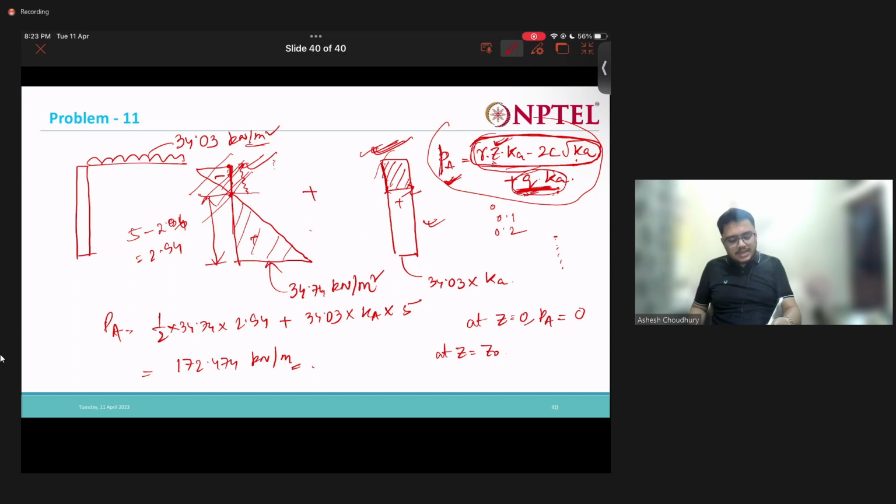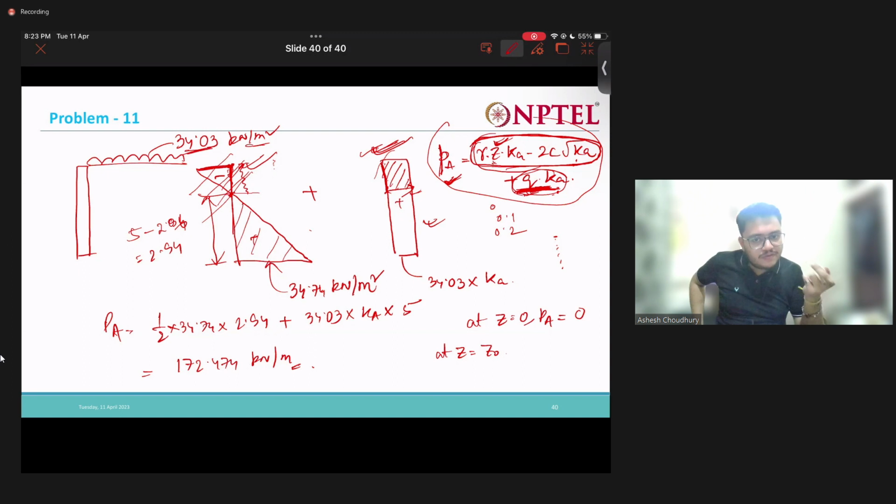Because we are saying that at the top we are nullifying the tension, so that negative part won't develop. This is what we are saying. So in this equation there shall be Q into K into Z. Why? Q is not varying with Z. Right, sorry. Q will be the same only.